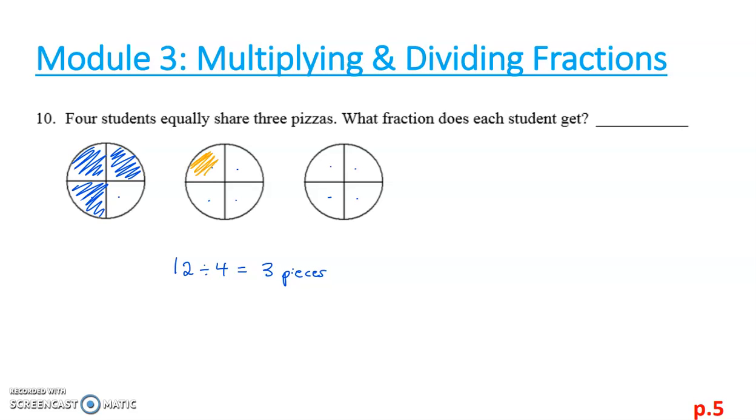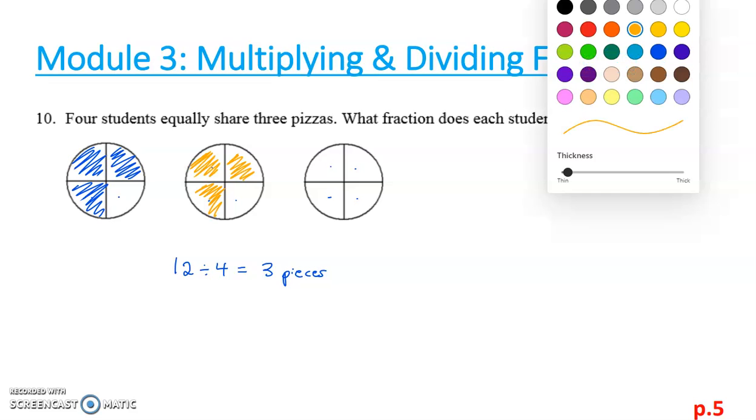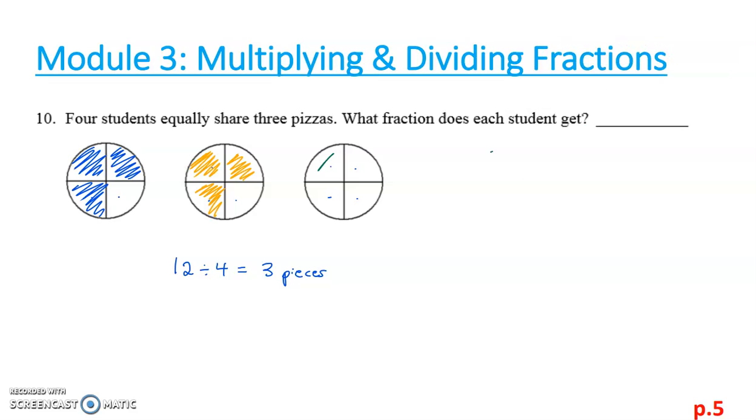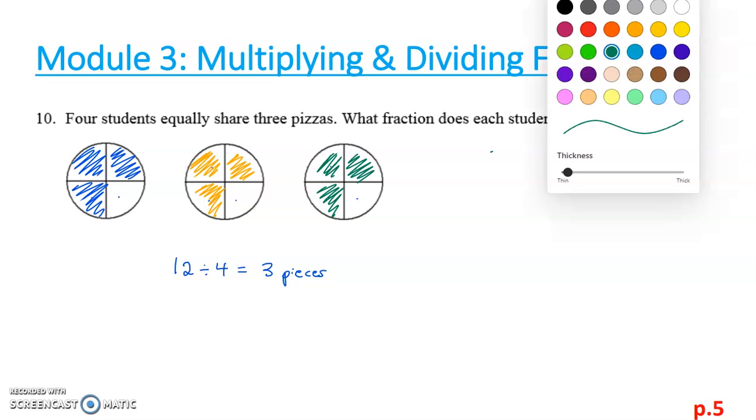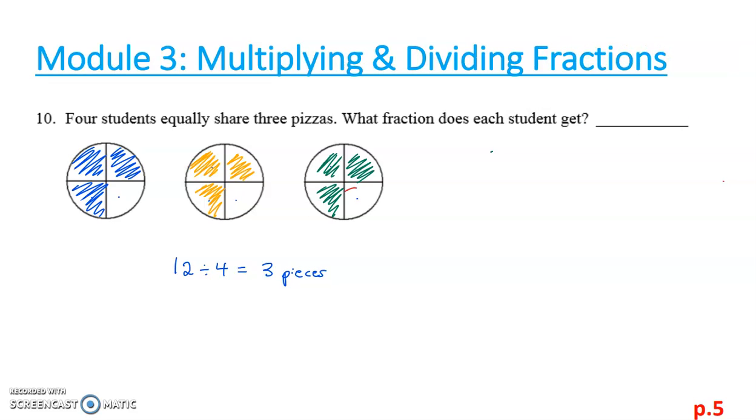And this person that is yellow is going to get 3 pieces. And this person that is green is going to get 3 pieces. And the person that is red is going to get 3 pieces.